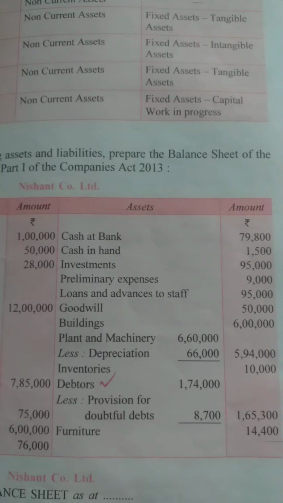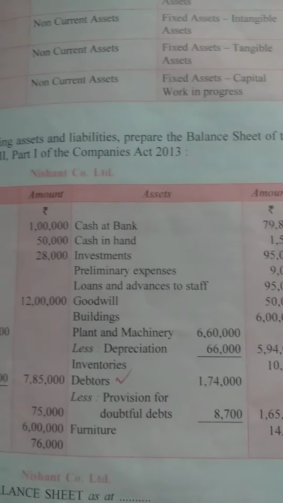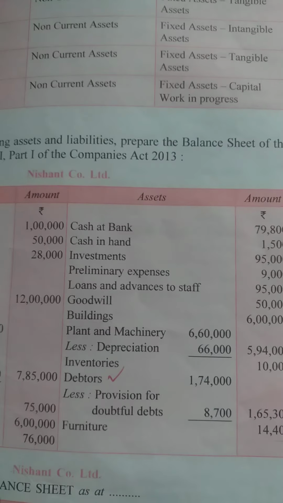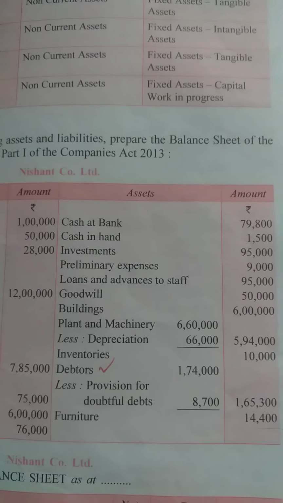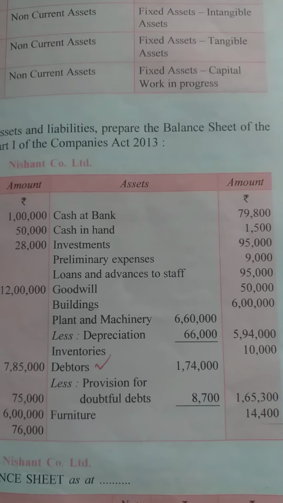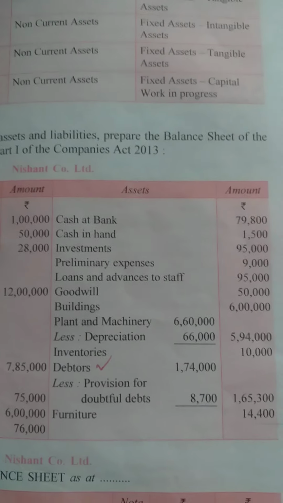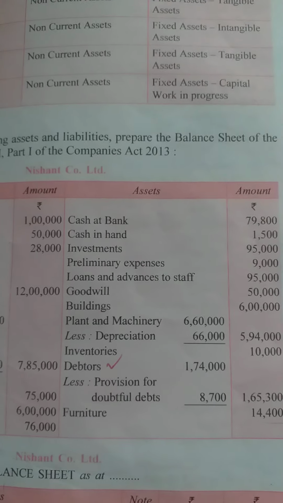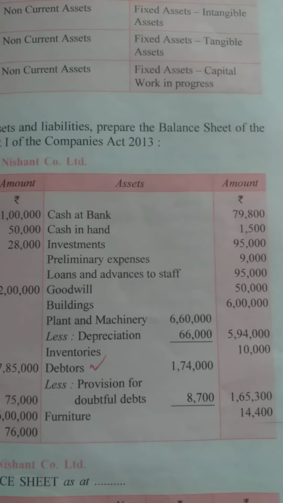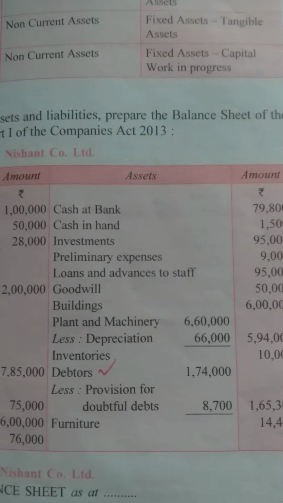So it is short term loans and advances, because by staff you can understand employees or laborers who work in any organization. Usually this type of advance is for 1 month, 2 months, not more than that, and that is the reason it comes under short term loans and advances.